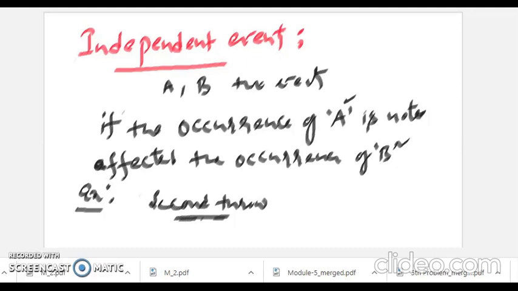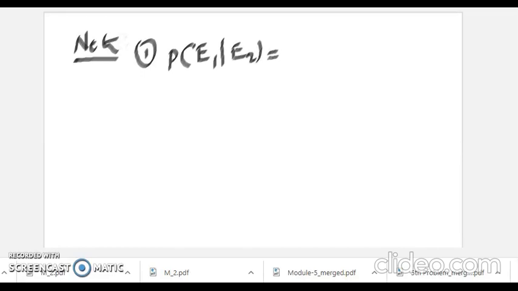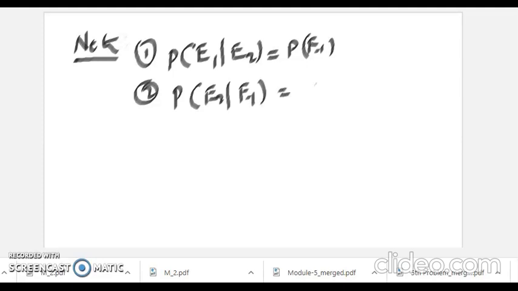This is one of the examples of independent events. Now we have some important notes depending on independent events. First one: if E1 and E2 are independent events, then P of E1 divides E2, the conditional probability of E1 when E2 occurs, is P of E1. Conditional probability of E2 when E1 occurs is P of E2.